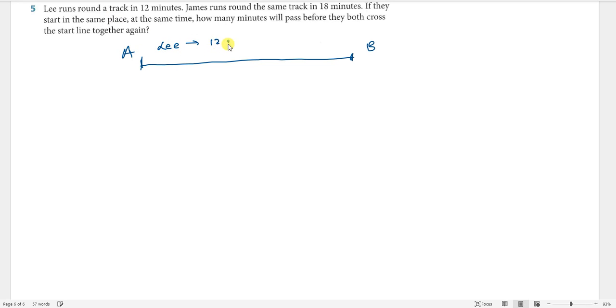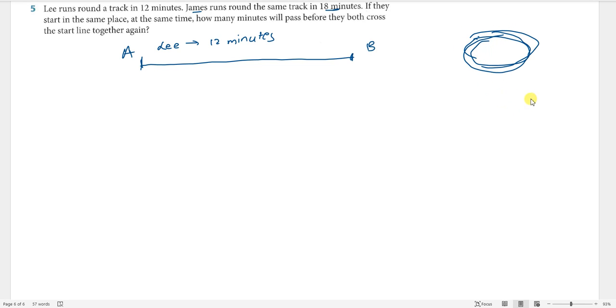He takes 12 minutes. And then James runs the same rounds around the same track in 18 minutes. So Lee takes 12 minutes to complete this track, and the track should be something like this, a circle. So one person takes 12 minutes.